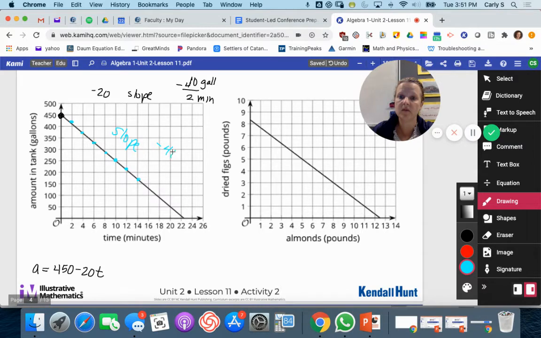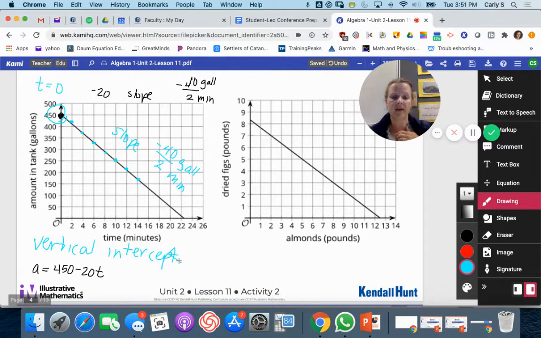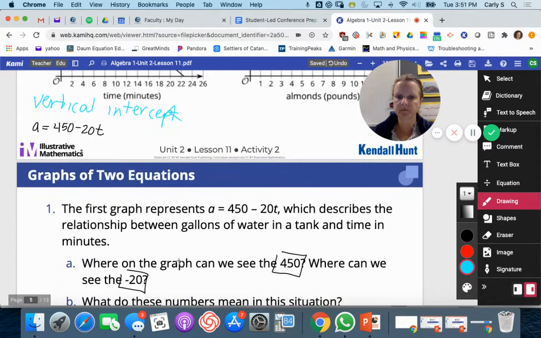Negative 40 in the y direction plus 2 in the x direction, or negative 40 gallons plus 2 minutes. And 450 would be at time equals 0. It's called the vertical intercept. Good vocabulary word for you.